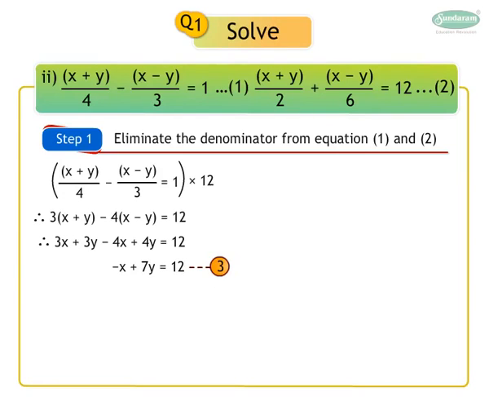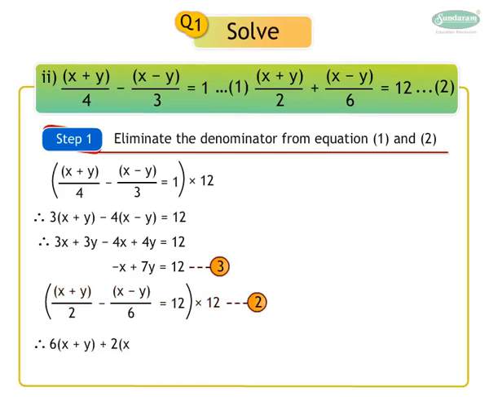Similarly, we simplify equation 2 by multiplying it by the LCM, which is 12. (x plus y) upon 2 plus (x minus y) upon 6 is equal to 12 into 12. We get 6 into (x plus y) plus 2 into (x minus y) is equal to 144.